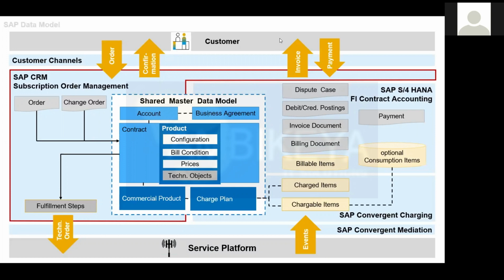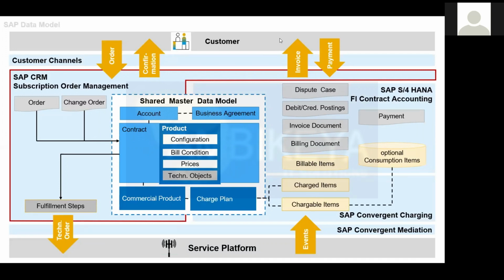If we have events, we have normally chargeable items that are assigned to the charge plan. After the usage, we then receive charged items that already have a price. The charged items of the convergent charging are mapped to the billable items.